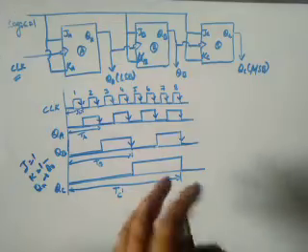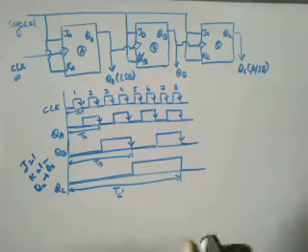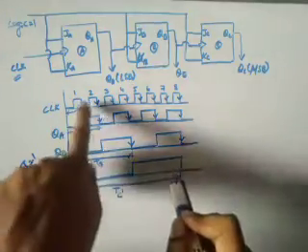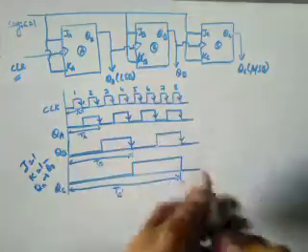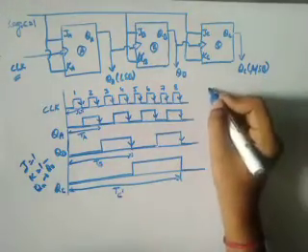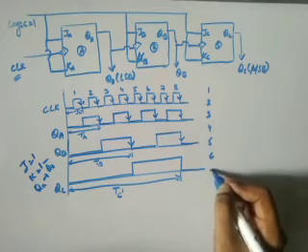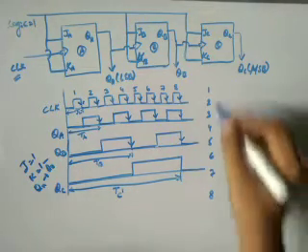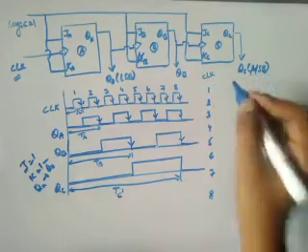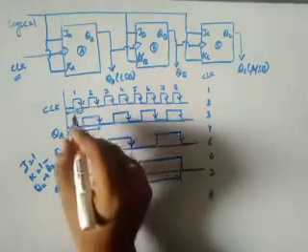Now we will see how it is going to count. How many clock pulses are there? We have taken a total of 8, so 1 2 3 4 5 6 7 and 8. So this is our clock. Now we will see for the first clock time period.